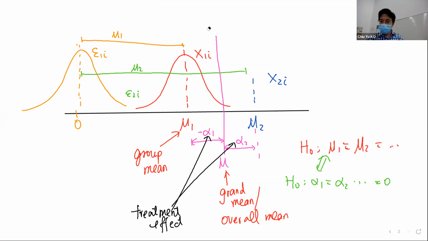We need to focus on the case where the variance is the same, so this is the same graph here. That is actually the assumption behind it. We have to make the same variance in order to make the ANOVA work, so each group has to have the same variance.